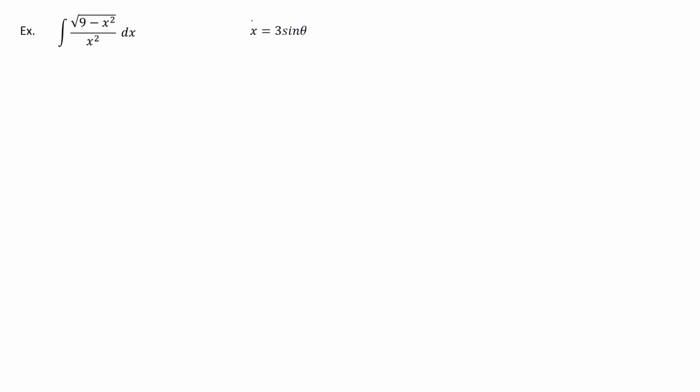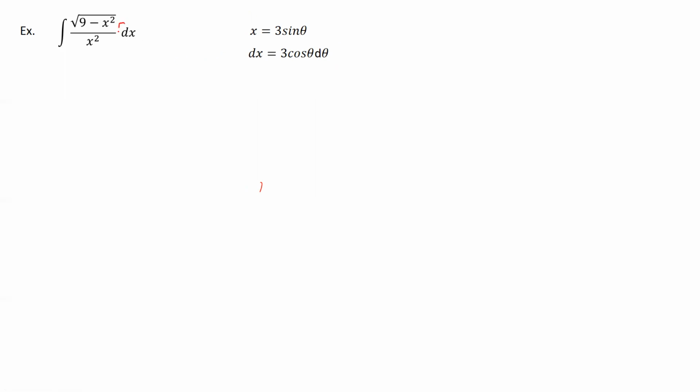If you do that, then what is the derivative of x? If you take the derivative of both sides, you're going to end up with dx equals 3 cos theta d theta. So what we did again, we just took the derivative of both sides.